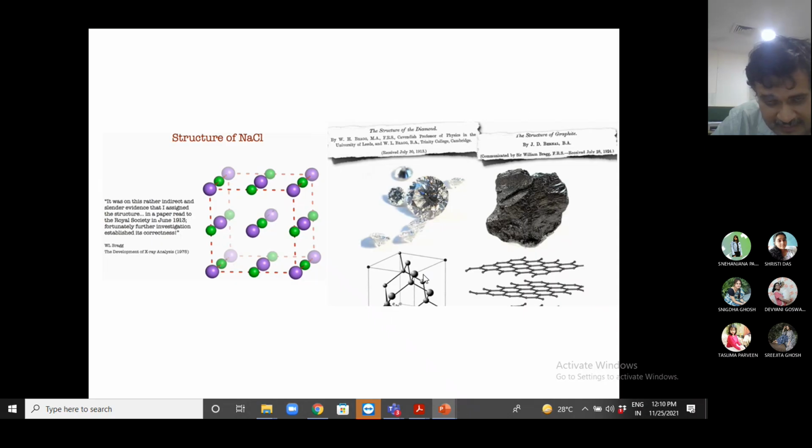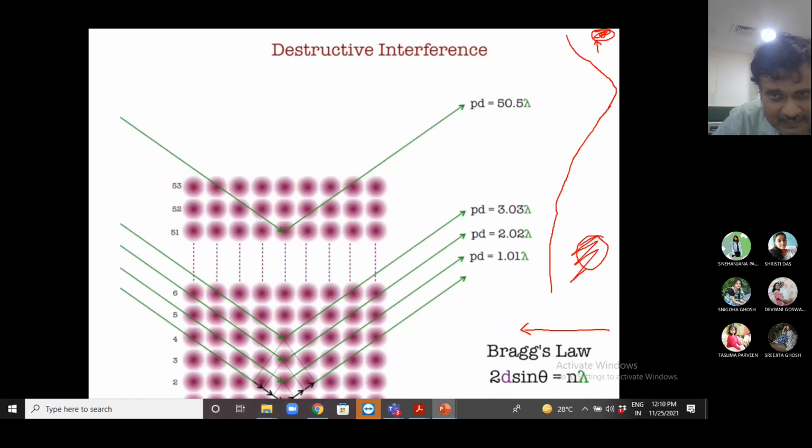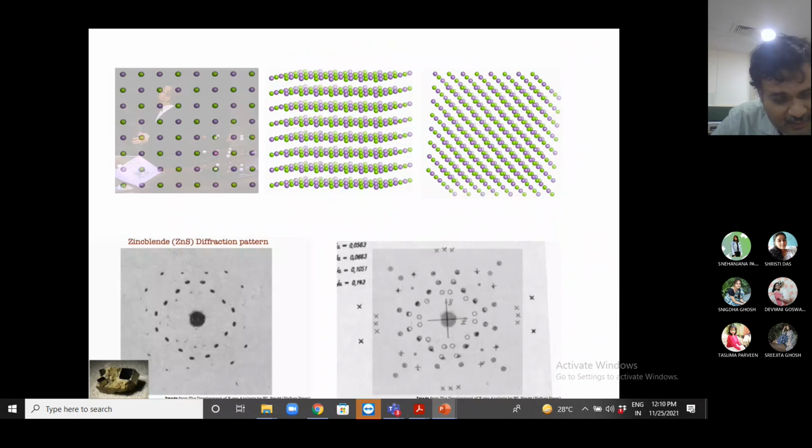In diamond, it's a typical three-dimensional structure. So all these structures were solved by using simple Bragg's law and arranging those planes by rotating the crystals. But a problem came when the same technique was used to solve the structure of bigger molecules.